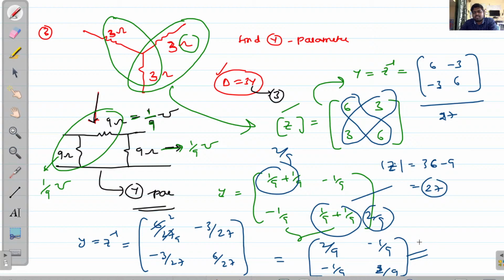That means you can evaluate the parallel and series networks in the easiest way with the help of Z parameters and Y parameters.